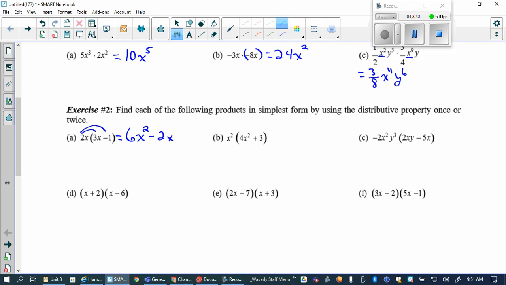You get the idea? Why don't you guys do the next one on your own? Make sure you have an equal sign. Distribute the x squared. Use your properties of exponents. What should we get there?